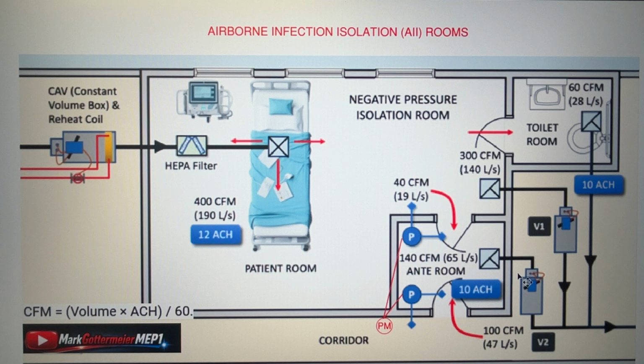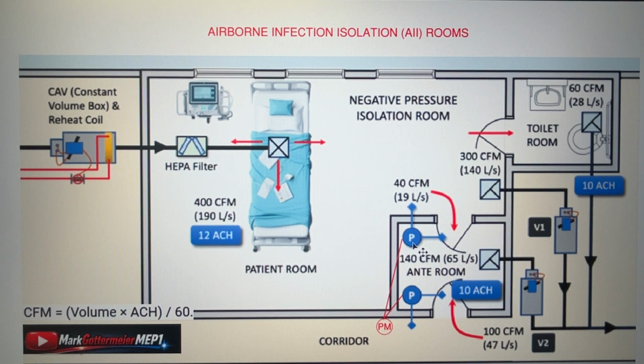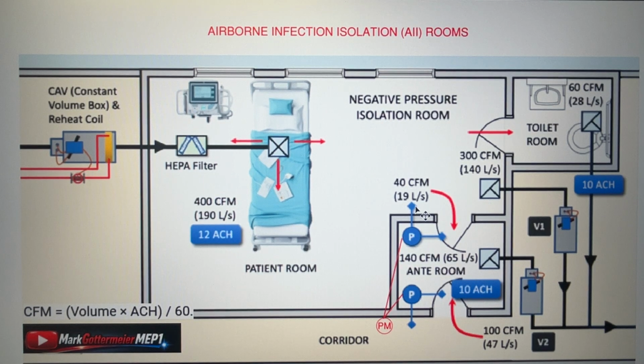In order to monitor and make sure that when these rooms are occupied, there are pressure monitors here that will have sensors on either side of this wall, and that will be keeping an eye on the pressure differential between the two spaces.